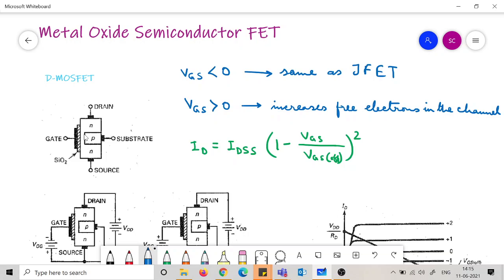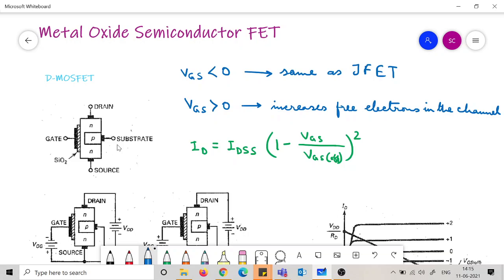Remember that in the depletion layer there are no carriers. The depletion layer is formed due to combination of P-type and N-type carriers, due to combination of holes and electrons. So how does this combination happen?